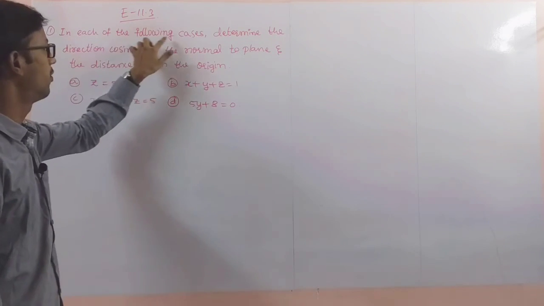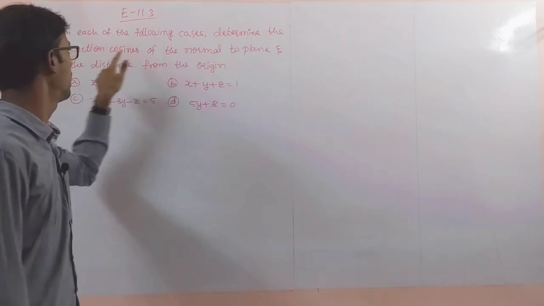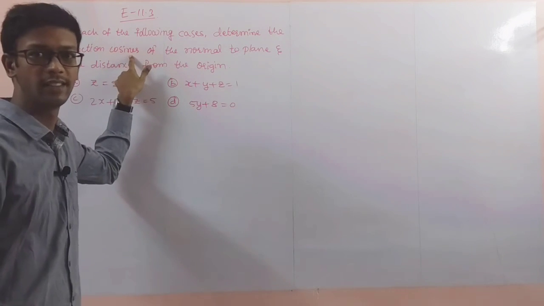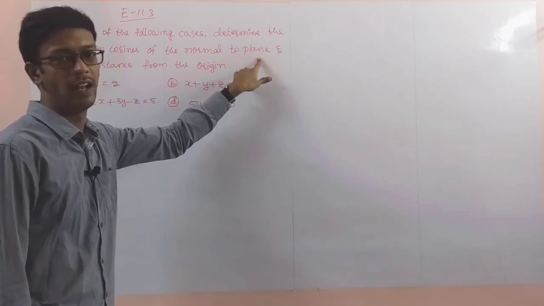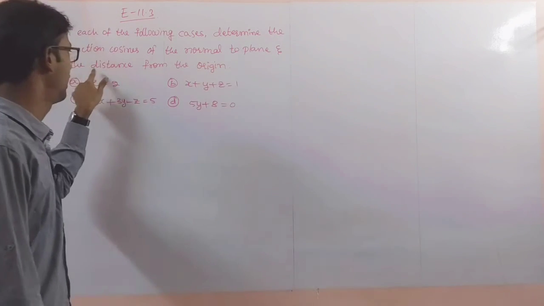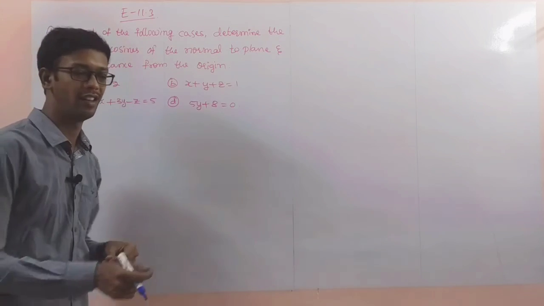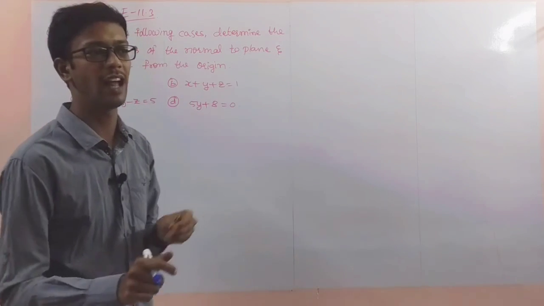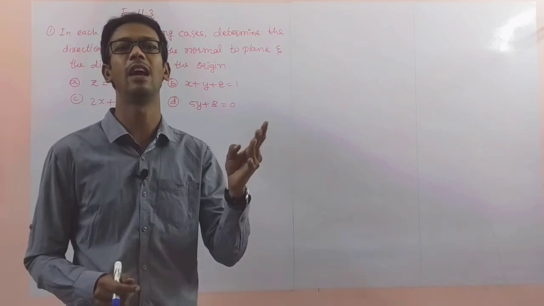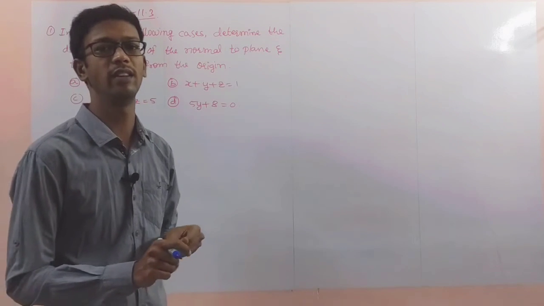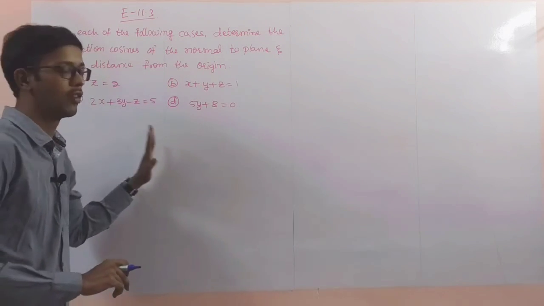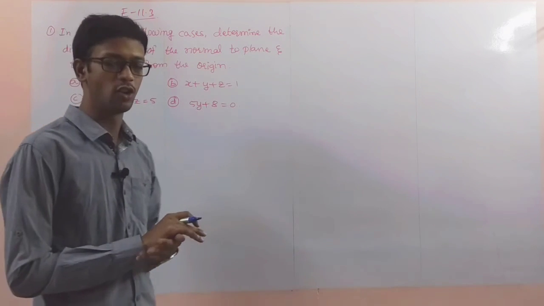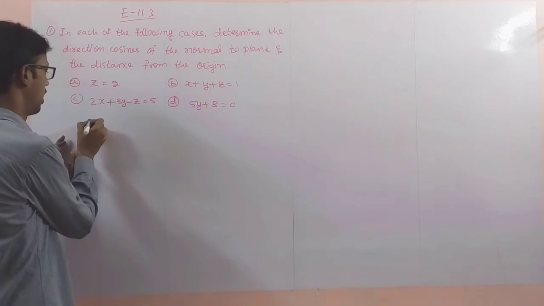In each of the following cases, determine the direction cosines, that is the DCs, of the normal to the plane, and the distance from the origin. That means the d value and the direction cosines l, m, n are asked. There are 4 questions given here. First question we have to take here.